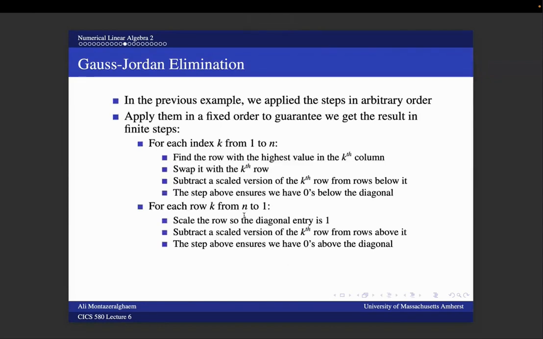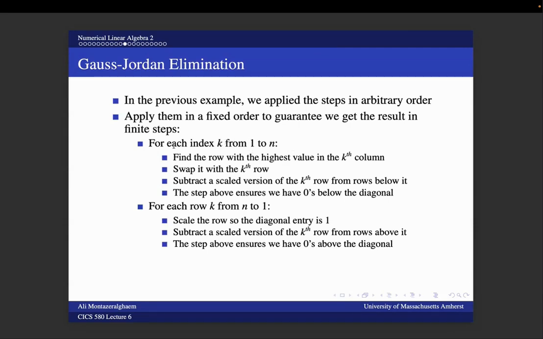In the previous example that I showed with the 2 by 2 matrix, we applied the steps in an arbitrary order, right? So if you want to guarantee that the result can be generated in a finite number of steps, we need to apply them in a fixed order.